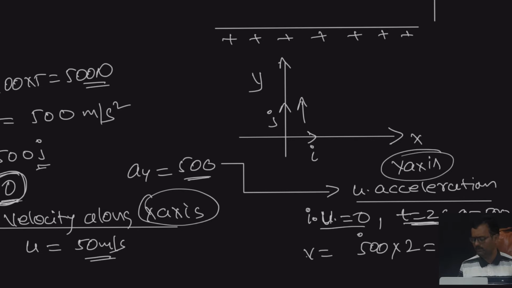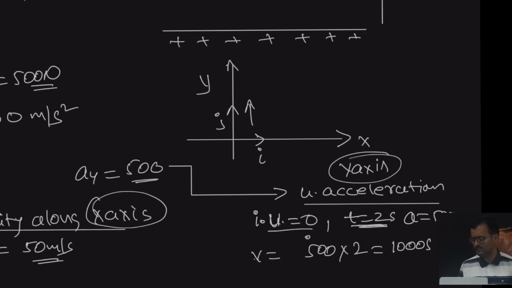So that is 500 into 2, 1000 meter per second. Along the x-axis it is 50 meter per second, that is 50i. Along the y-axis, that is 1000j. So total velocity is equal to 50i plus 1000j. So this is the velocity vector.